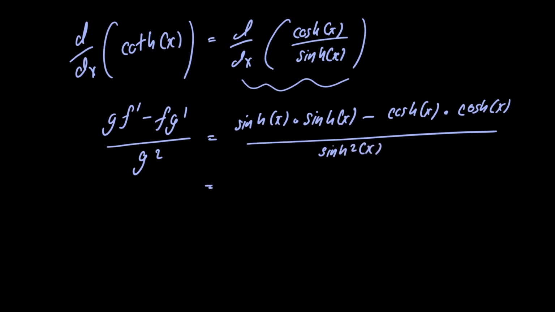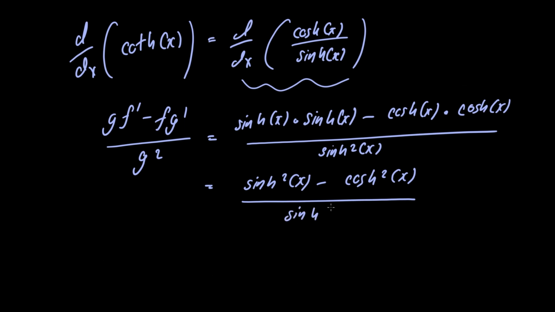We can rewrite this as hyperbolic sine of x all squared minus hyperbolic cosine of x all squared divided by hyperbolic sine of x all squared. We can't really simplify the numerator. Let's go ahead and rewrite the numerator in its exponential form and see if we get a simpler expression.